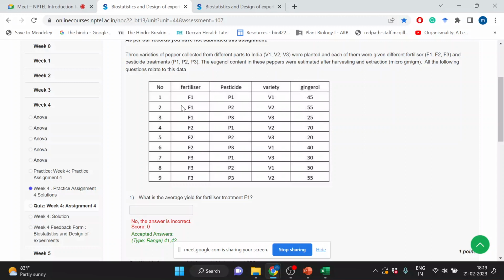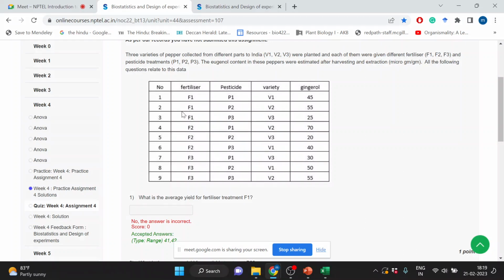So you have a mean for F1, then a mean for F2 and F3. To get the sum of squares for F1, you have to do 3 times because it's repeating 3 times. 3 into the mean of F1, whatever value you get, minus the grand mean squared. 3 into mean of F1 minus grand mean, the whole squared.